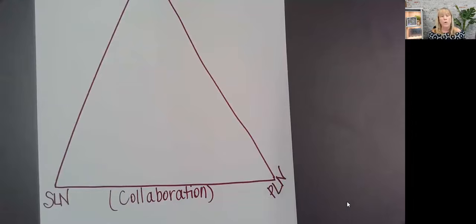We need to know that your work extends into the school community, the grade level community, the community outside of your school, so the community that your students live in, which of course would encompass the parents, the families, the guardians, the caregivers. So collaboration is so important. Also at that district level or that state level, collaboration is really important and you have to prove it. So don't forget that bridge or that glue that holds the PLN and the SLN together.